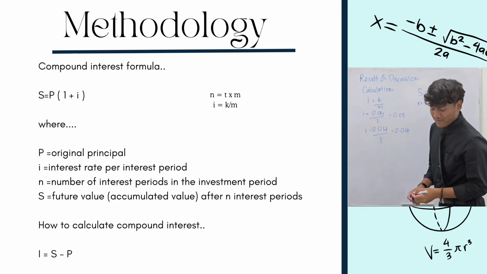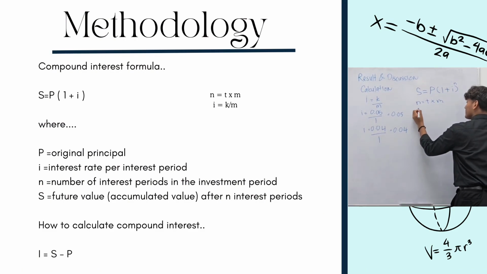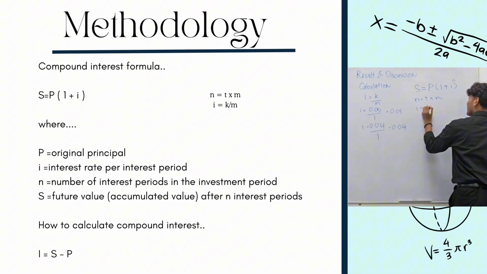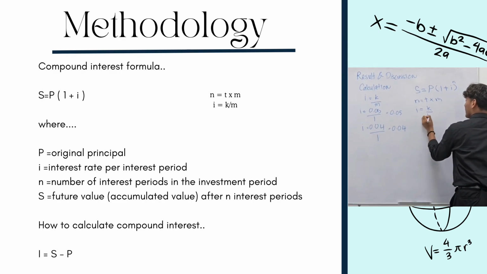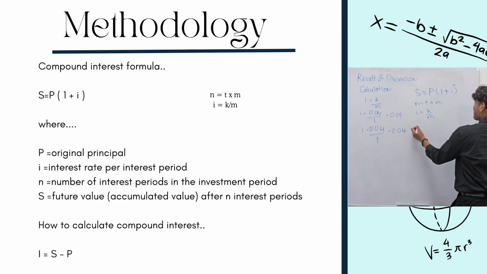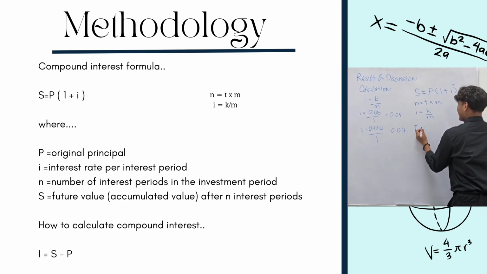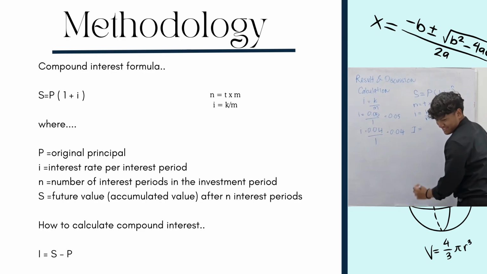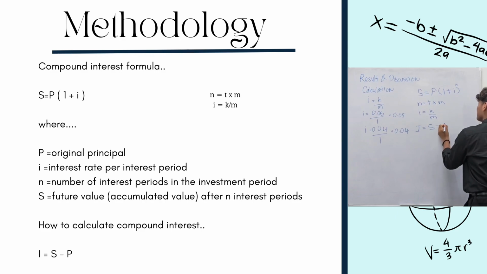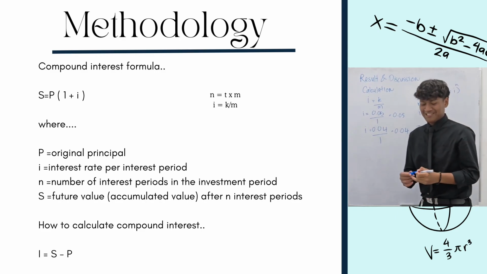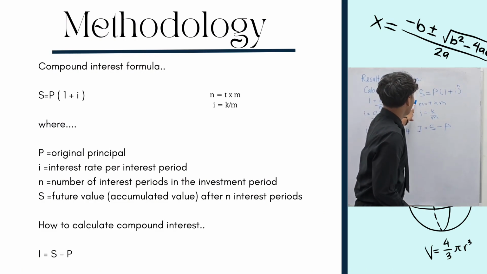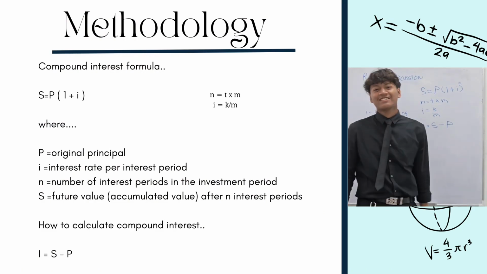For the small i, it is j over m. For the big I, it equals S minus P. Okay, that's how we find the S, n, i, and I.